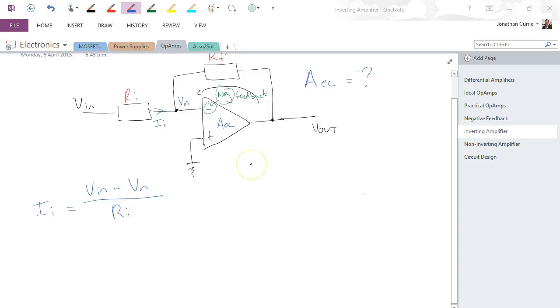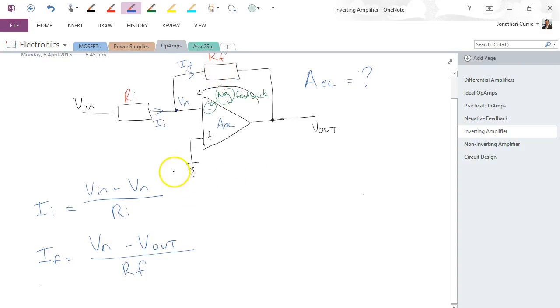Conversely the current here, IF, will be equal to the voltage drop across that resistor, so Vn minus Vout over RF. That will give us the two currents flowing here.